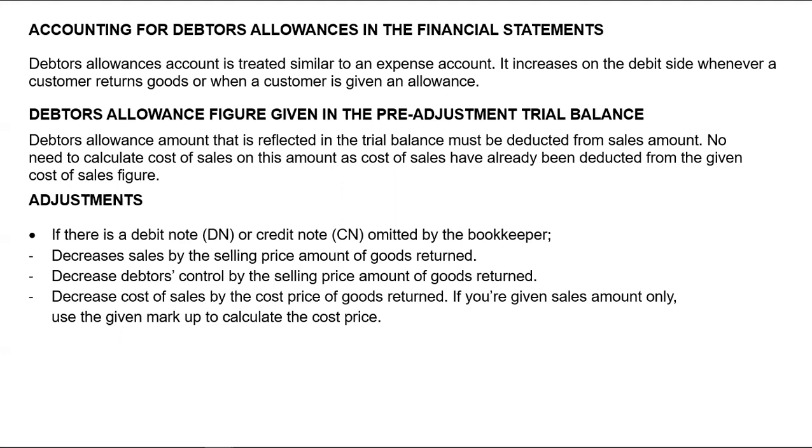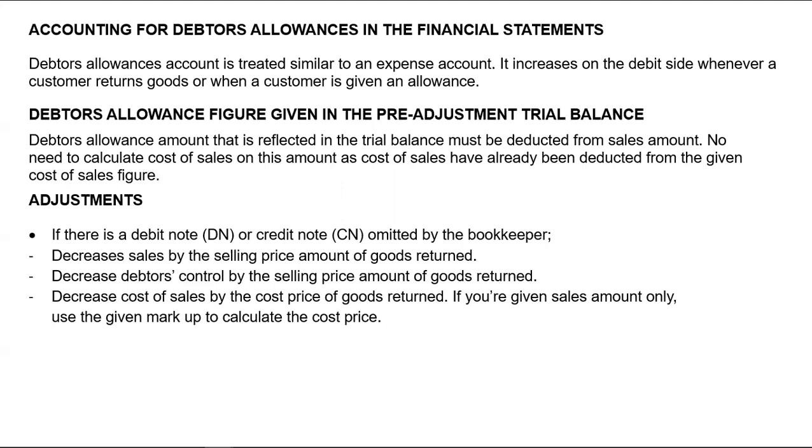By now you should know what to do when you are just given the selling price and you only have the markup and you need cost of sales. If you're still confused, please check out the video on debtors journal. I think it's lesson 7, if I'm not mistaken, where I showed you how to calculate cost of sales, sales or gross profit when you're given the markup. Complete that table and then come back to this video and you should master it after watching that video.